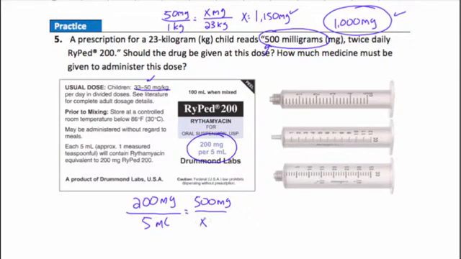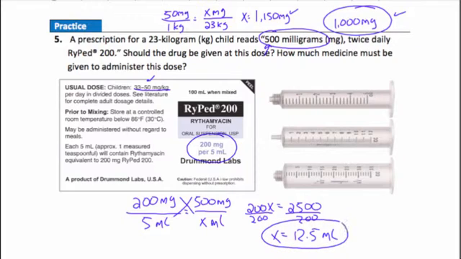And that is going to be X milliliters. So looking at our diagonals, one side here we're going to get 200X. On the other diagonal we're going to get 5 times 500, which is 2,500. Divide by 200. 12.5 milliliters is what we want to administer of this drug.